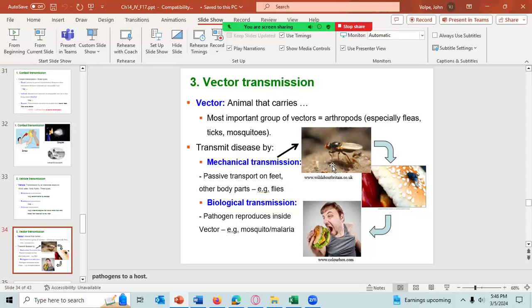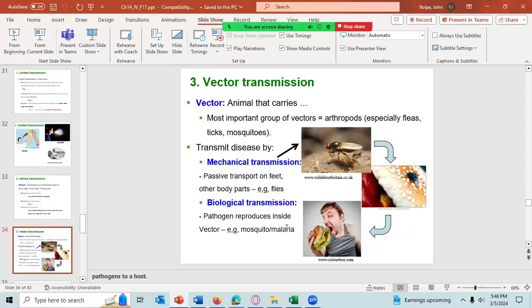Passively, the fly then transmits the disease-carrying organism to the burger, and then the burger is eaten by the patient, and this patient has gotten the disease-carrying organism by mechanical transmission, a type of vector transmission, passively by the feet of the fly.